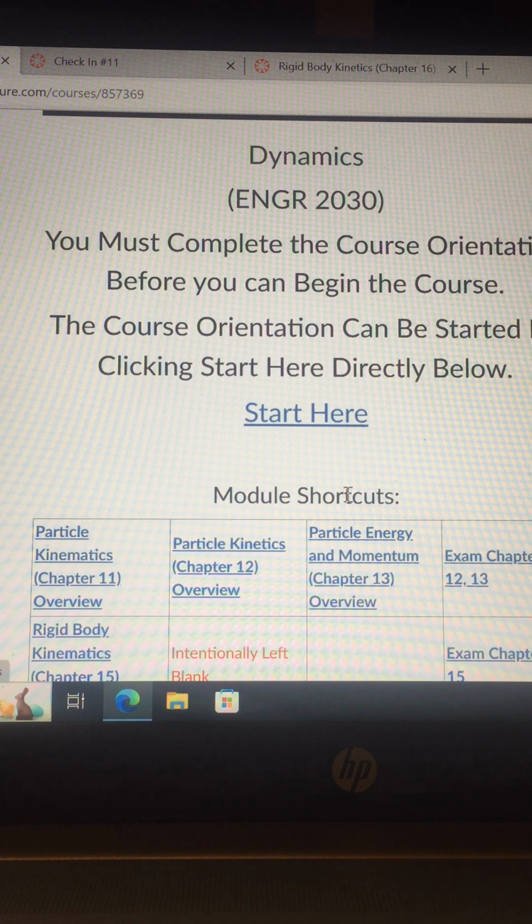Some of those videos talked about just the equations in kinetics and when we can simplify the force equations, force equals mass times acceleration, in the x and y direction, as well as the moment equation for special cases when there's like a fixed point, or the point you choose is actually the center of mass.